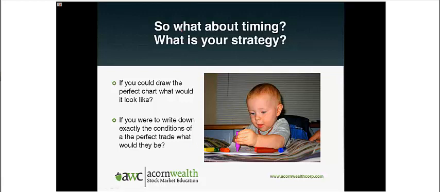So how do you do your timing? What exactly is your strategy? If you could take a pen and essentially draw the perfect chart of what you want to see, what would that look like? And if you were to write down what those criteria would be that would confirm it, what is your shopping list? I use this example every time, no matter what topic we're speaking on.